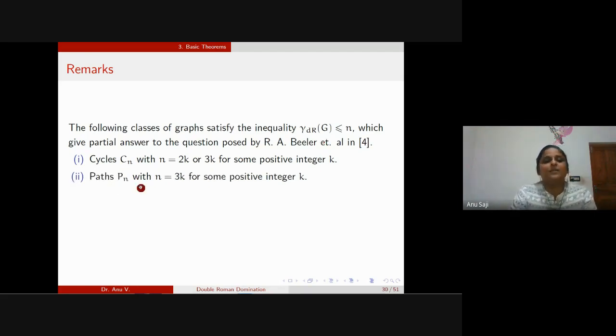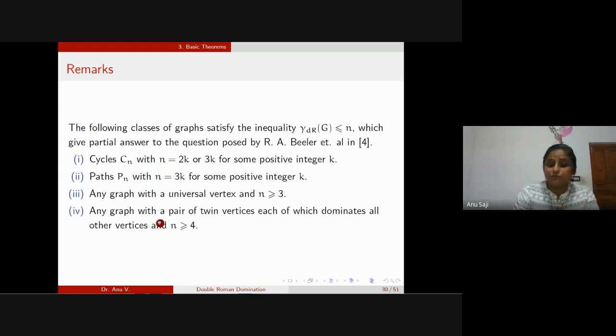Also the path with n a multiple of 3. Then any graph with a universal vertex and n greater than or equal to 3. Then any graph with a pair of twin vertices. Twin vertices means vertices having the same neighborhood, each of which dominates all other vertices, like K_2,q. In all these cases, we get gamma_dRG less than or equal to n.